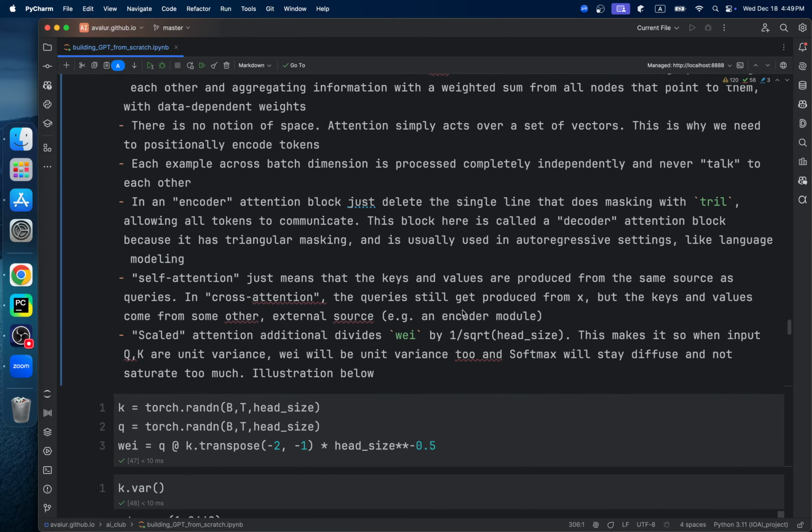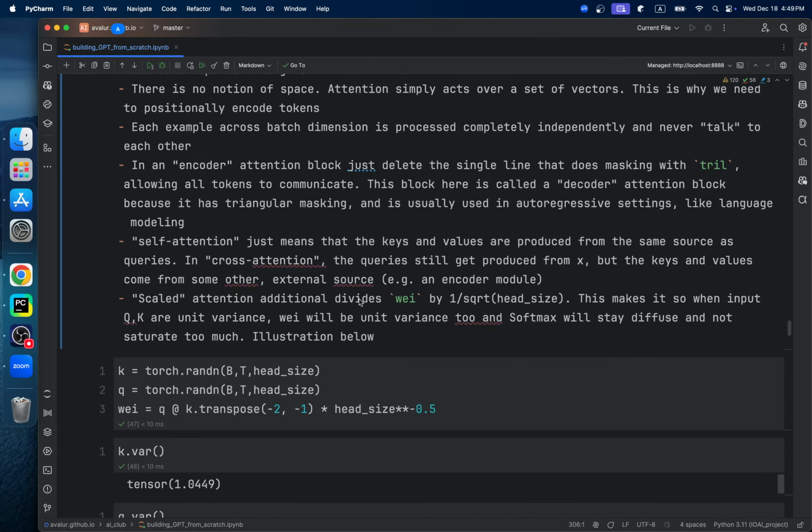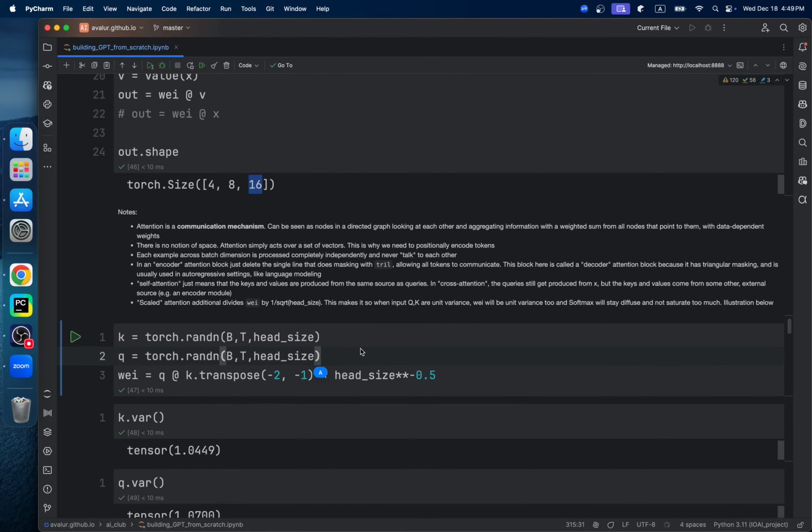And so the last step is the division of the weights by the square root of head size to preserve unit variance inside the attention mechanism. And this is the illustration.